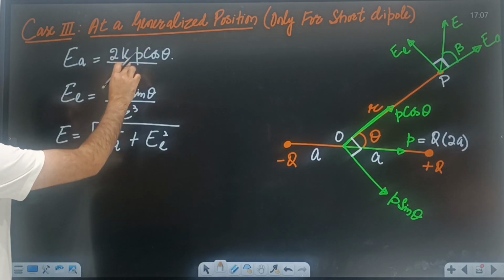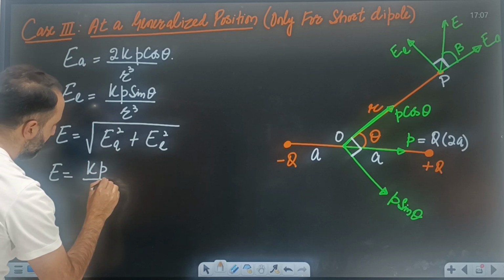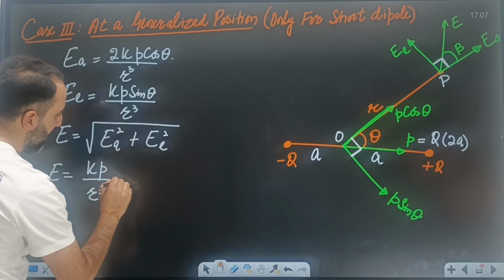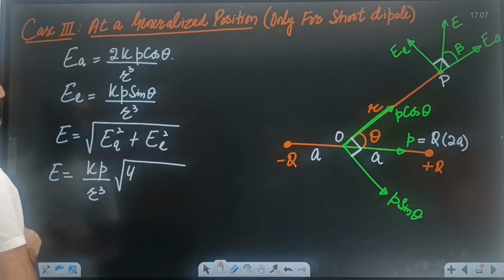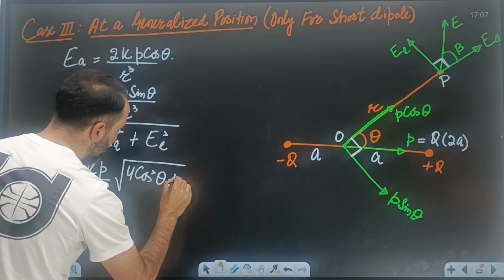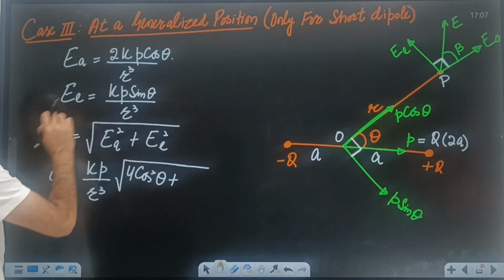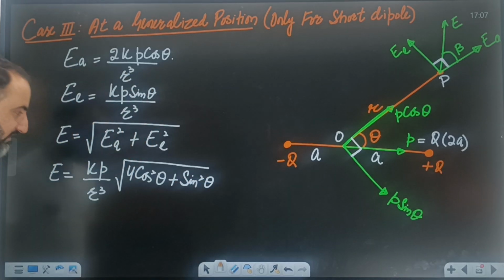The common factor is kP by r cube, and that will be out of the root. So E equals kP divided by r cube, under the root of what is left: 2 squared, which is 4, then cos theta, whose square gives 4 cos square theta, plus what is left here, sin square theta.